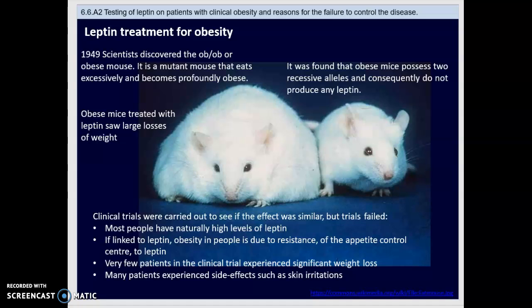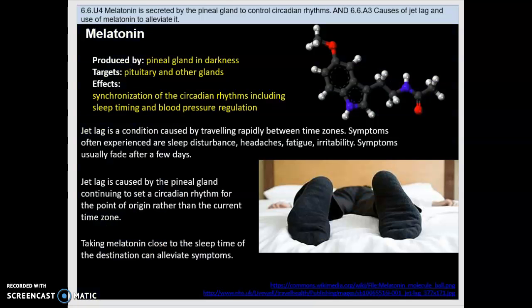And if it was linked to leptin, most people had a problem with the appetite control center, so it didn't actually respond to leptin. No one really lost weight, and quite a few people experienced side effects, like it says there. So obviously, the treatment for obesity goes on. There's hopes there would be a link there with possible treatment.